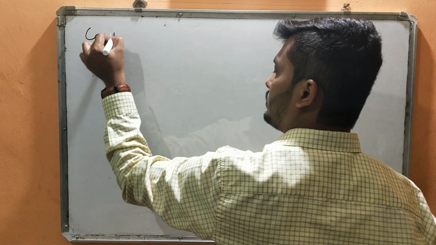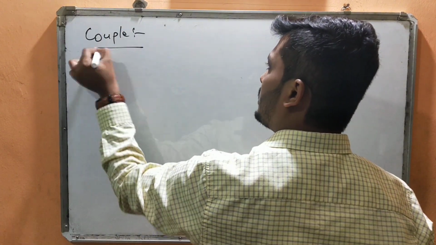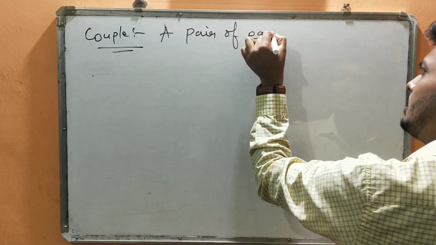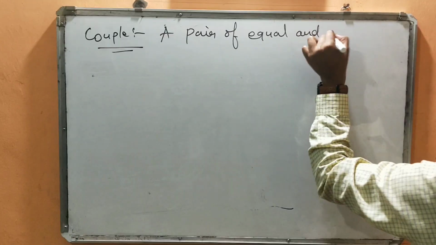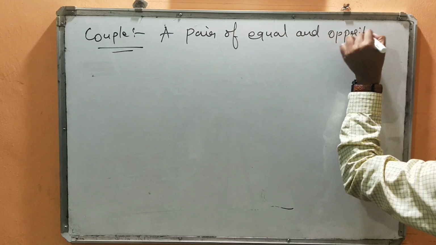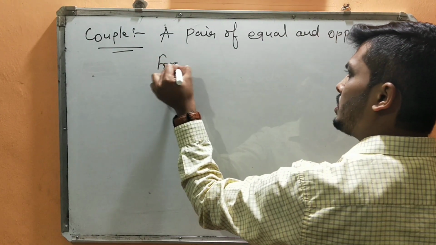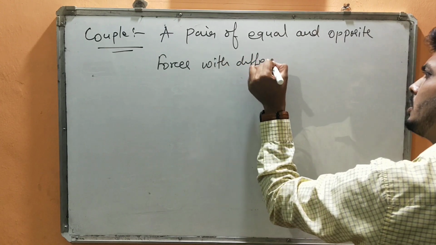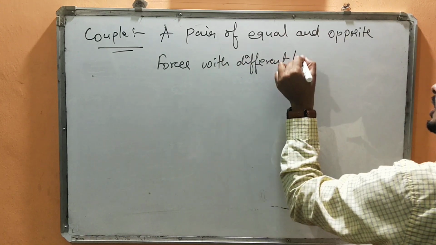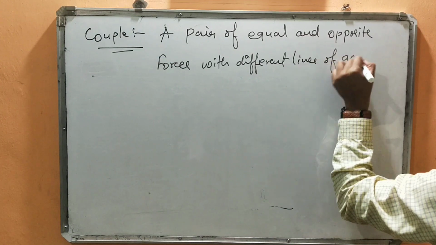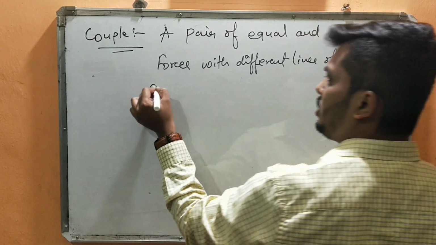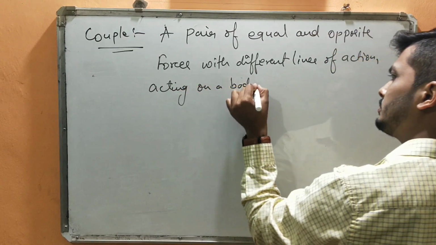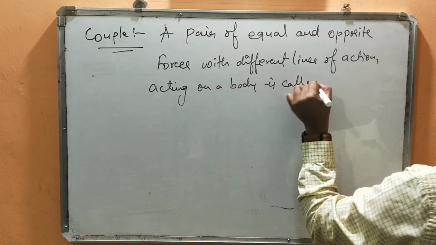Couple is a pair of equal and opposite forces with different lines of action acting on a body is called couple.